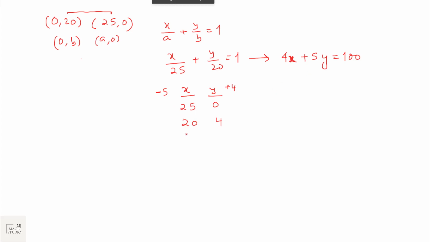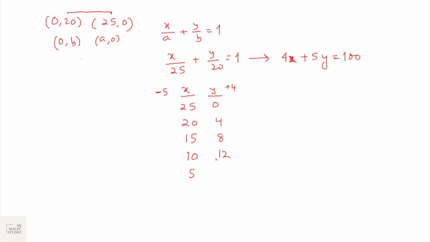Next, 20 minus 5 is 15, 4 plus 4 is 8, 15 into 4 is 60, 8 into 5 is 40, that is 100. 15 minus 5 is 10, 8 plus 4 is 12, 10 into 4 is 40, 12 into 5 is 60, that gives 100.